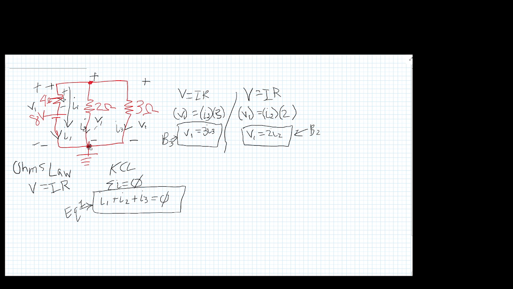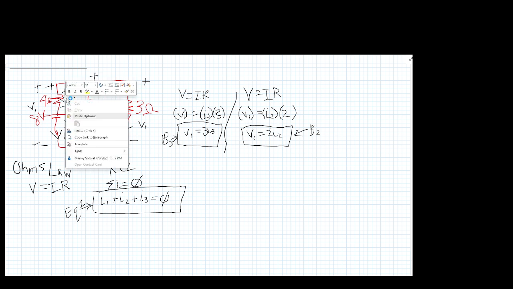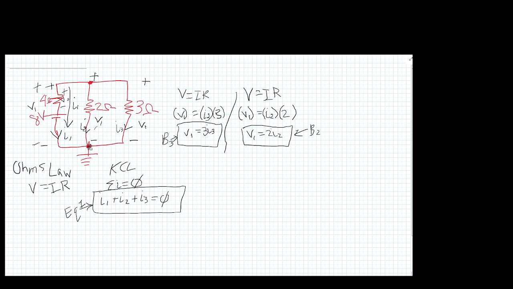V sub 2. This thing doesn't like it. But anyways, so what we're gonna do, we're going to do Ohm's law on the 4 ohm resistor.